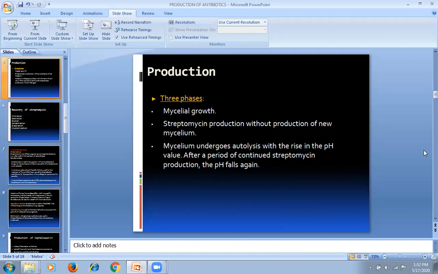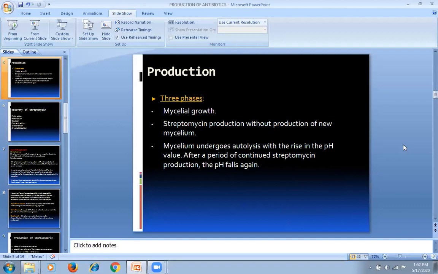It has three different phases. In the first phase, it will be just mycelial growth, so there we concentrate on the growth of mycelium. Once enough mycelial growth happens, the second phase is the streptomycin production phase. Here we don't want any new mycelium, which is where we discussed slow growth.